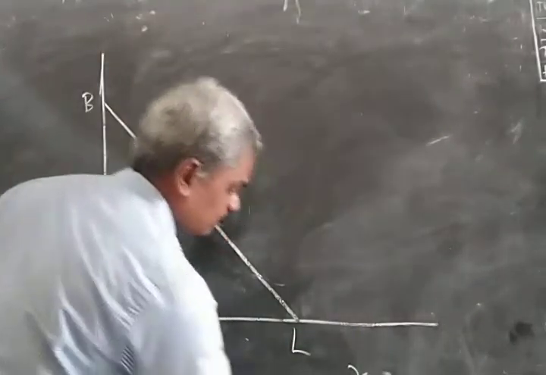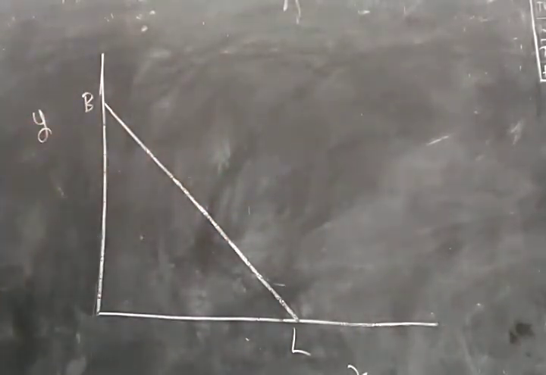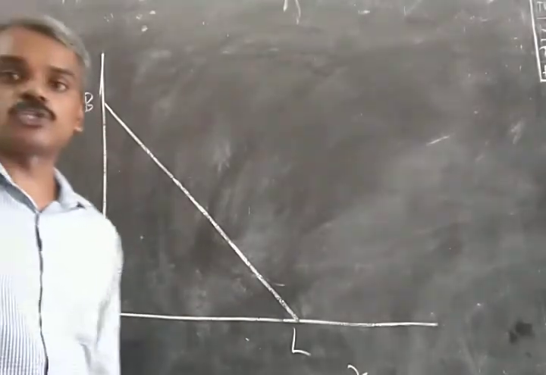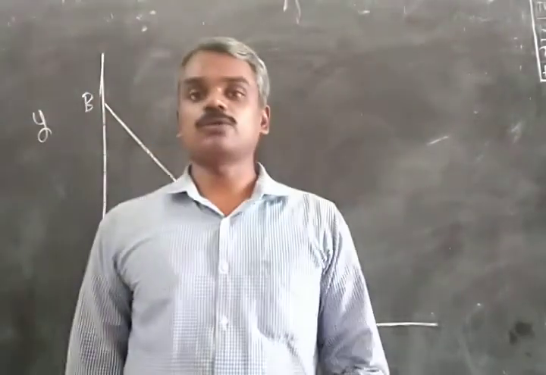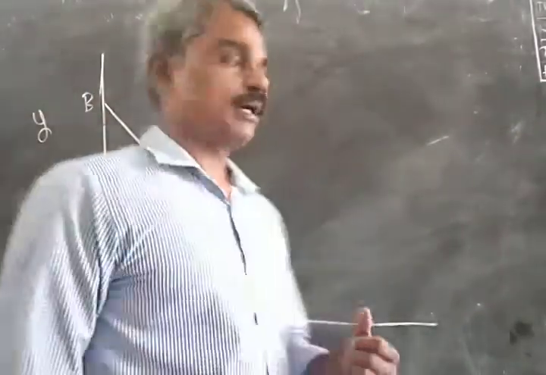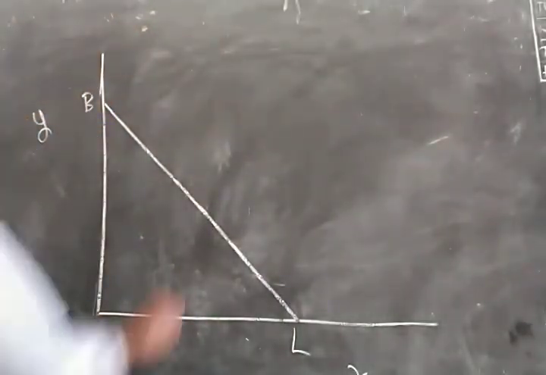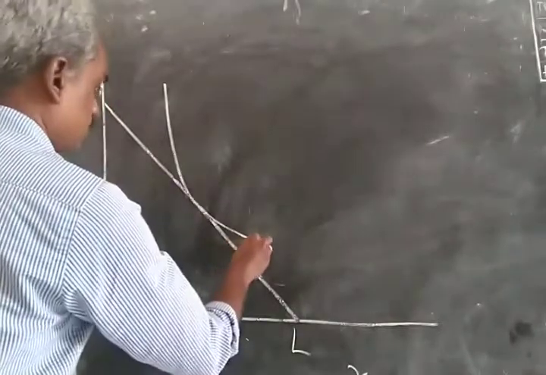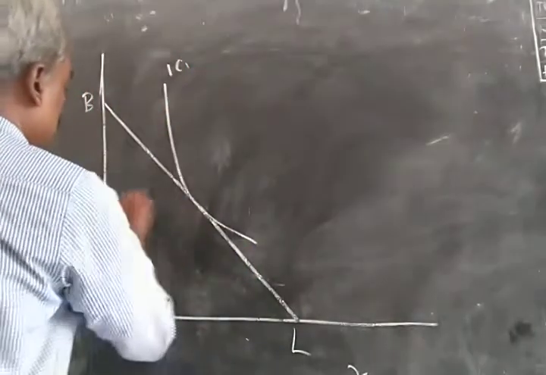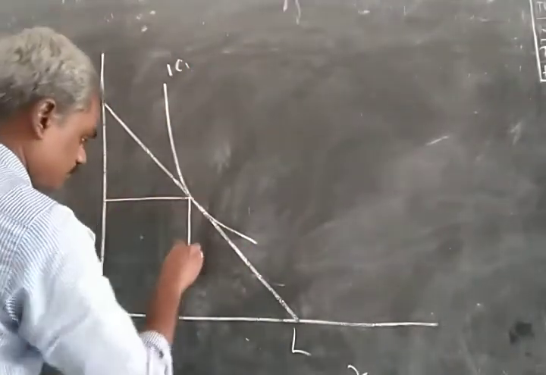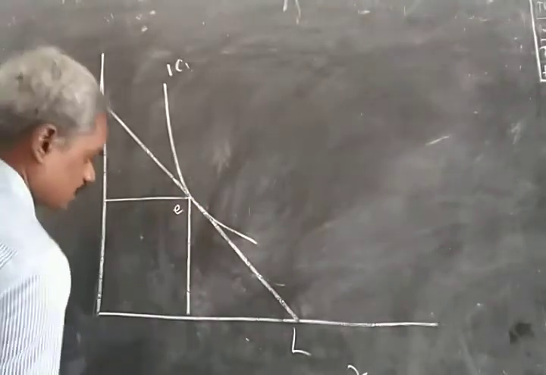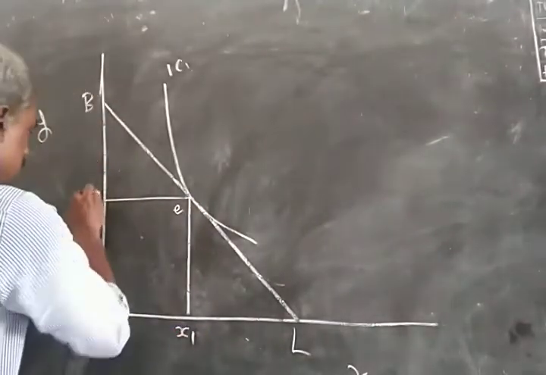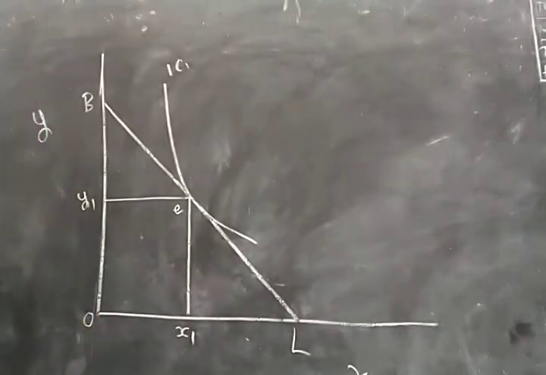We have commodity X on the x-axis and commodity Y on the y-axis. The budget line BL shows the different quantities of the commodities that the consumer can buy with the income available. And given the preference of the consumer, we have an indifference curve IC1. The consumer is at equilibrium at point E, where he is consuming x1 of X and y1 of Y.